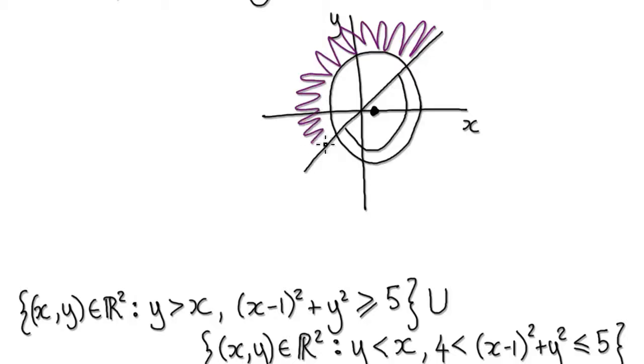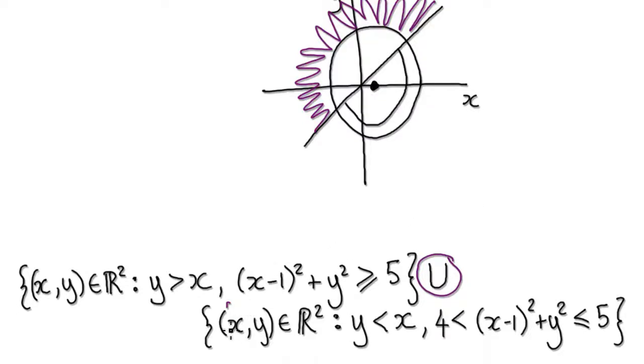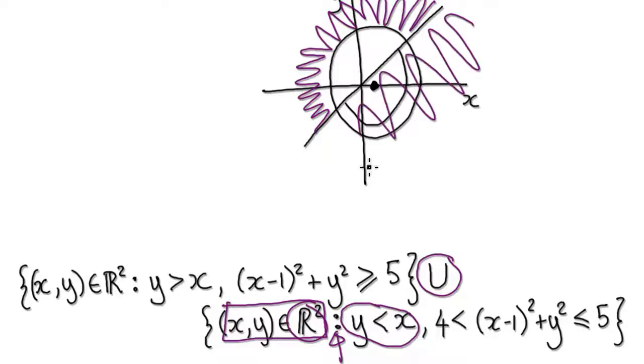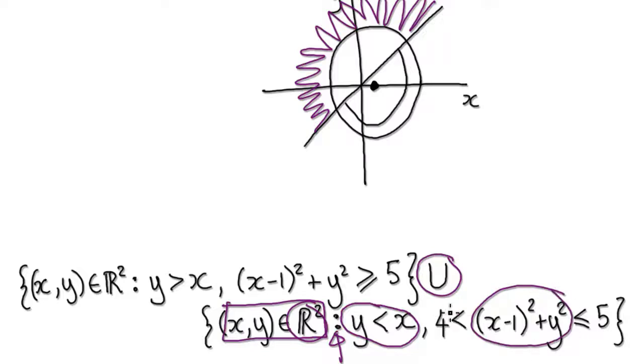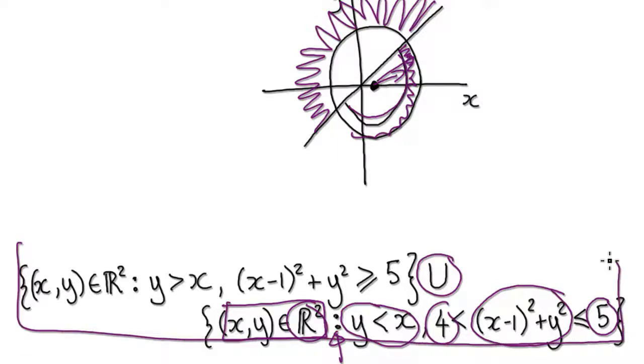And then union with x and y on the 2D plane, such that in the region where y is less than x, that's this region here, it turns out that our circle must be bigger than radius of 2. That's this thing here, radius of 2, and it has to be smaller or equal to radius of root 5. That's this. So basically, that's this region here. So this is our domain in writing.